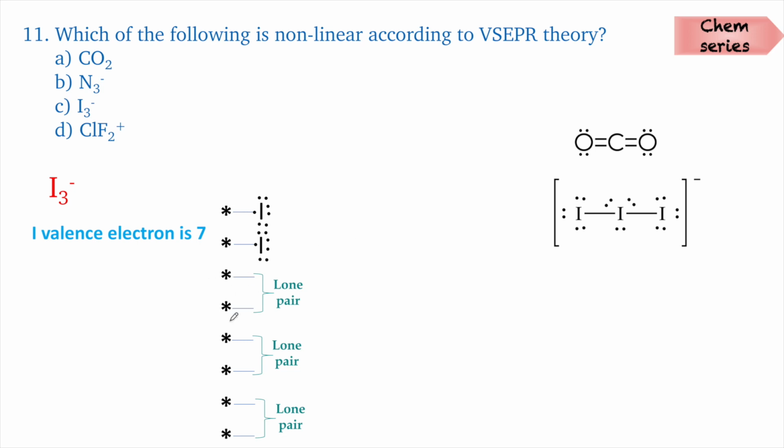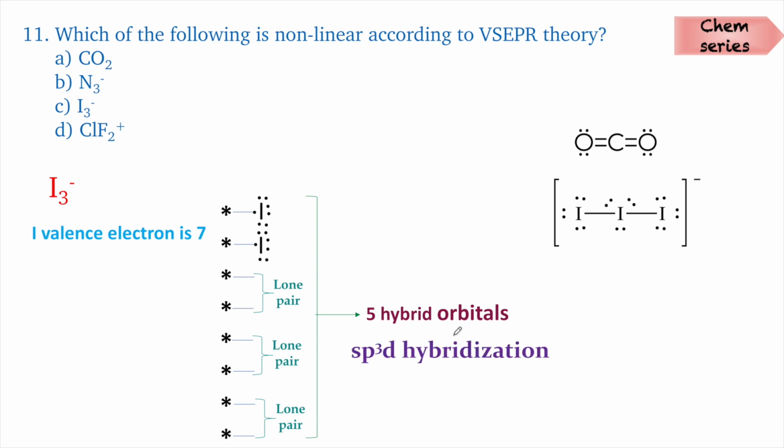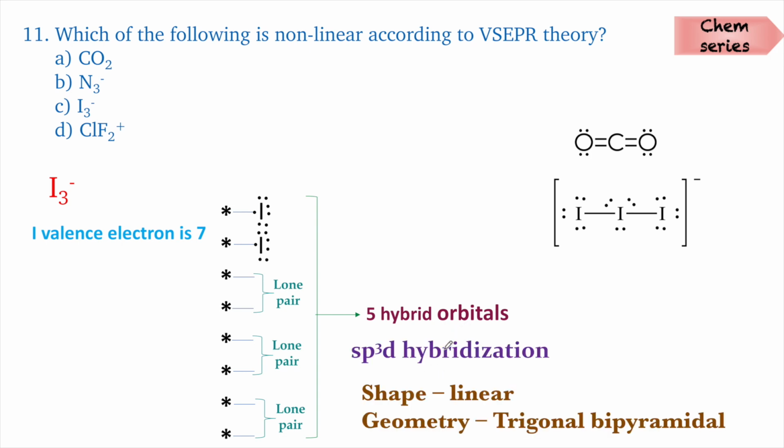So there will be remaining 6 valence electrons which are the non-bonded electrons, that is 3 lone pairs that have been formed. So totally there are 5 hybrid orbitals, that is sp3d hybridization. So this is also not a non-linear molecule. Okay, it is a linear molecule.